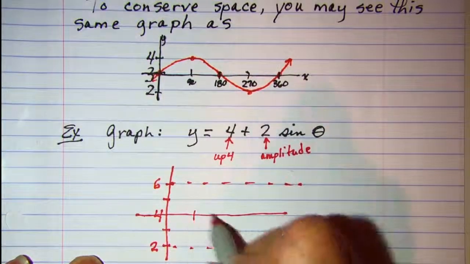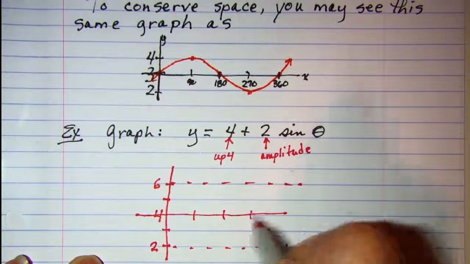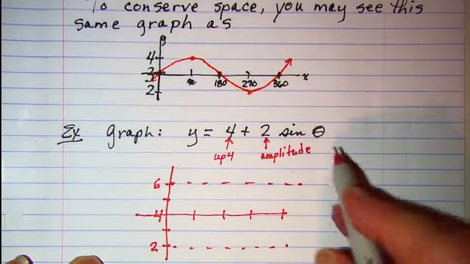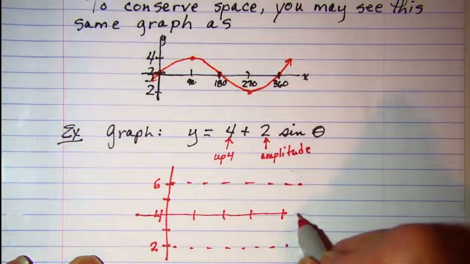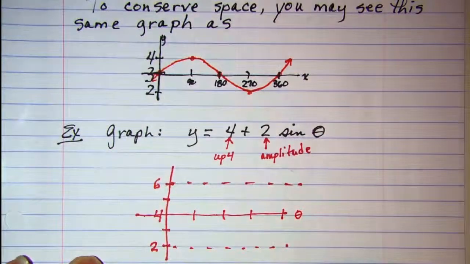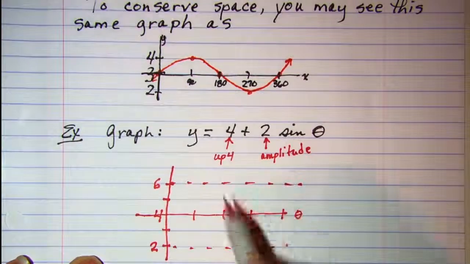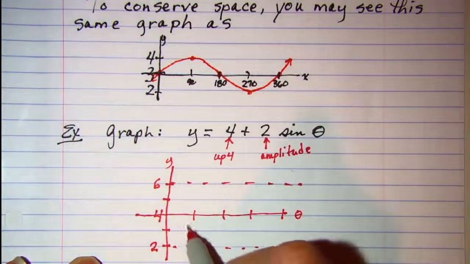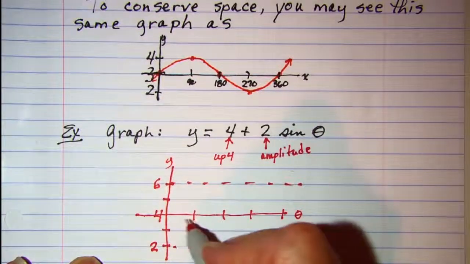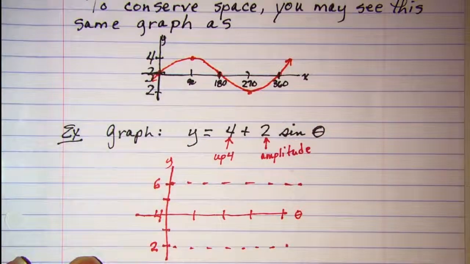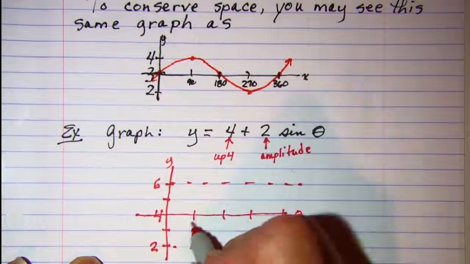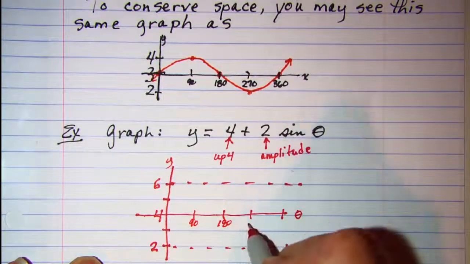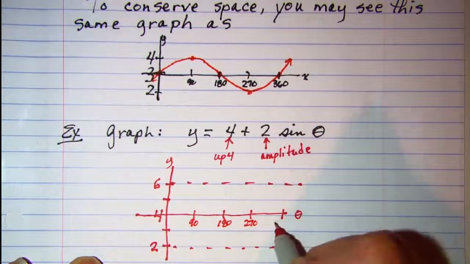And then my 4 quadrants are represented here. This is in theta, so I'll label my horizontal axis as theta and my vertical axis as y. And then let's label here as degrees: 90, 180, 270, 360.